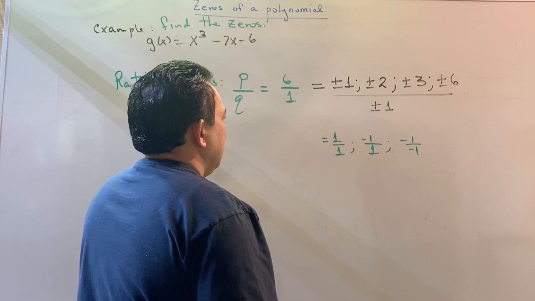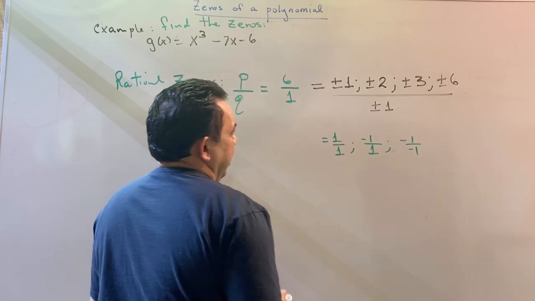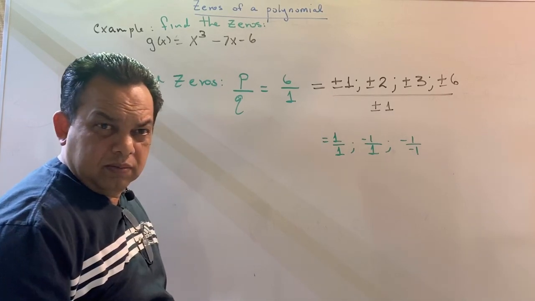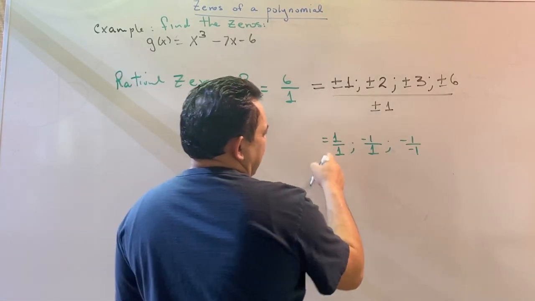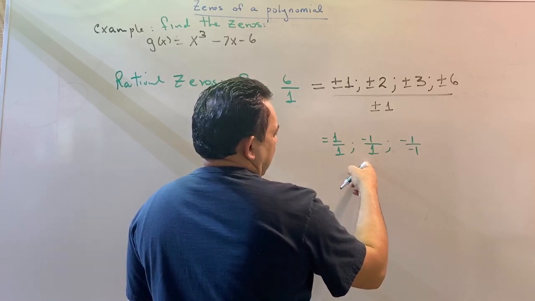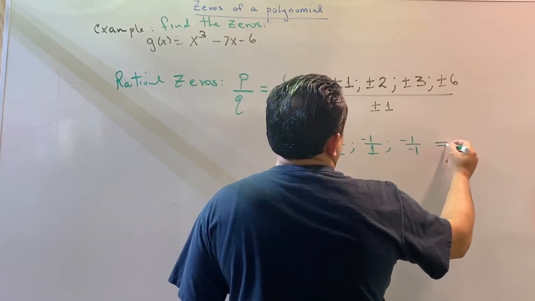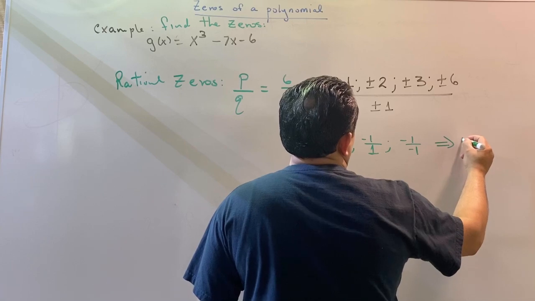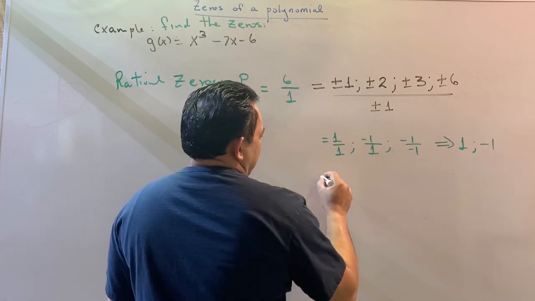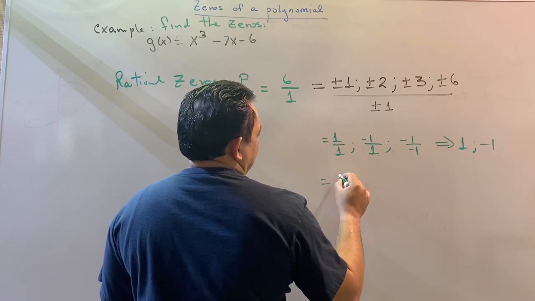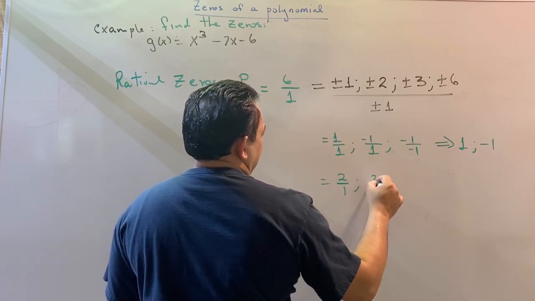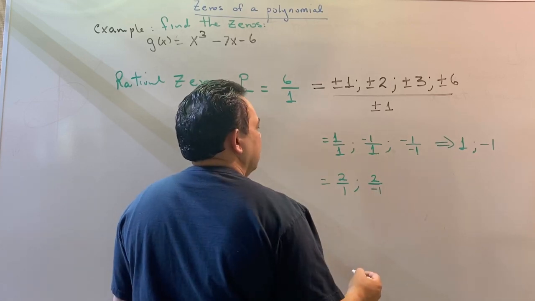Okay? So no matter what your outcome here is, you either will get a plus 1 or a minus 1. Okay? So this will give me a positive 1. This will give me a negative 1. So the outcome here would be either a 1 or a negative 1. And then we move down to the next scenario. We have a positive 2 over 1, or a positive 2 over a negative 1.